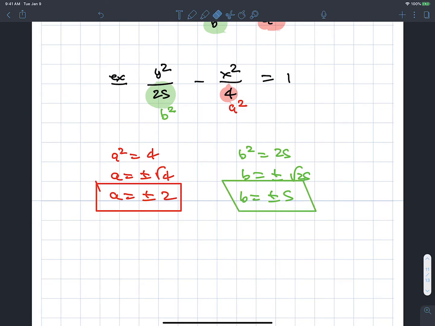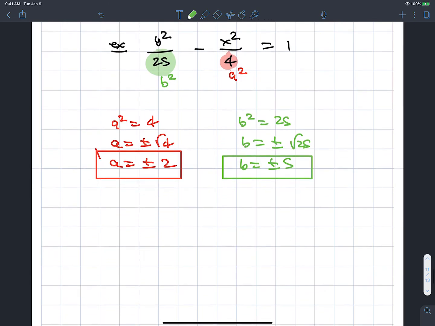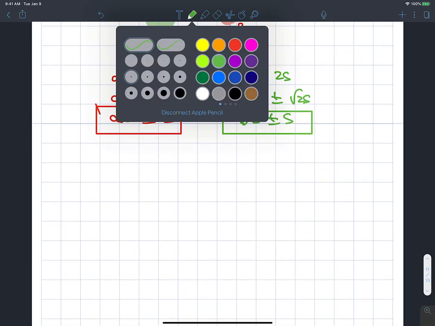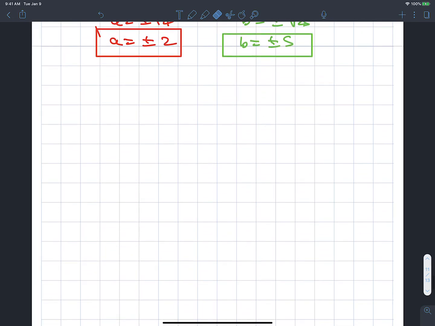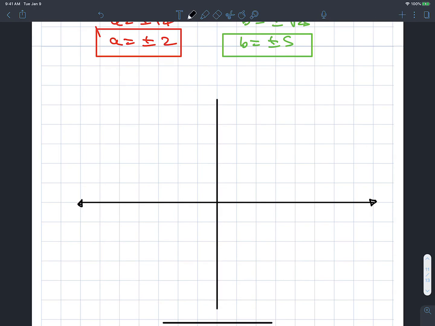And so it's going to be the same process. We found the a and b values. Remember, a values go on the x-axis and b values go on the y-axis. I want to make sure I have enough space. So here we go.